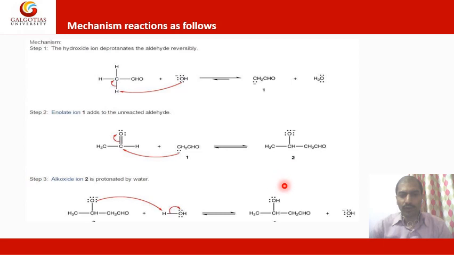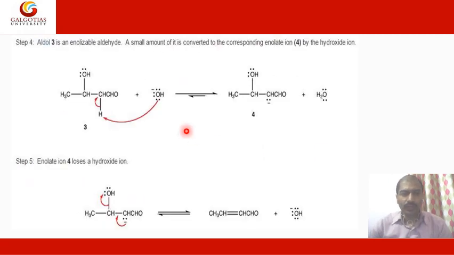Further, the CH3CH(OH)CH2CHO condensed product will be produced during the reaction, and the base which was earlier taken is regenerated. In the fourth step, the base will again deprotonate, taking the proton from this product, and finally the enolate ion will be formed, CH3CHOHCH, and water will be there.